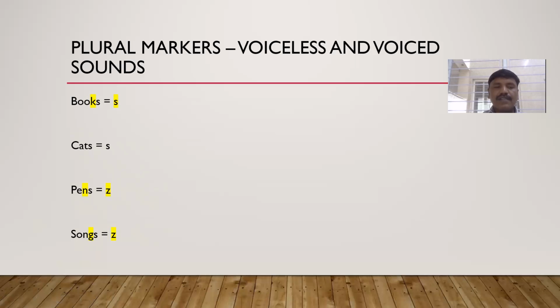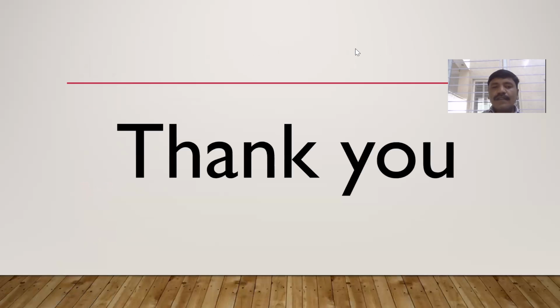After a voiced sound, if there is plurality, that plural marker is pronounced as z: songs. So all s are not pronounced in a similar way. There is some difference. So it is books, cats, pens and songs. Thank you.